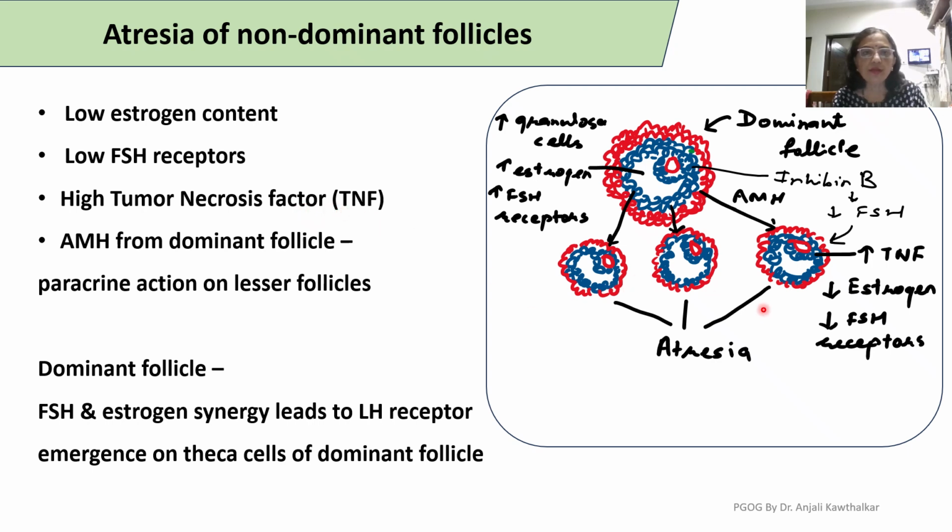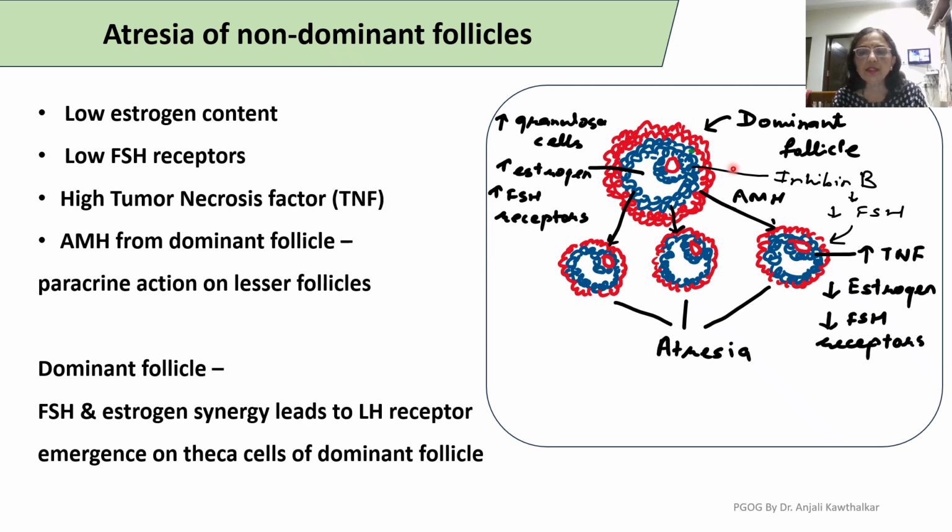Even anti-Mullerian hormone is secreted by the dominant follicle, and by paracrine action it acts on the lesser follicles, which accelerates their atresia. So increase in tumor necrosis factor, fall in estrogen, fall in FSH receptors, along with AMH, all these four contribute to the atresia of the non-dominant follicle.